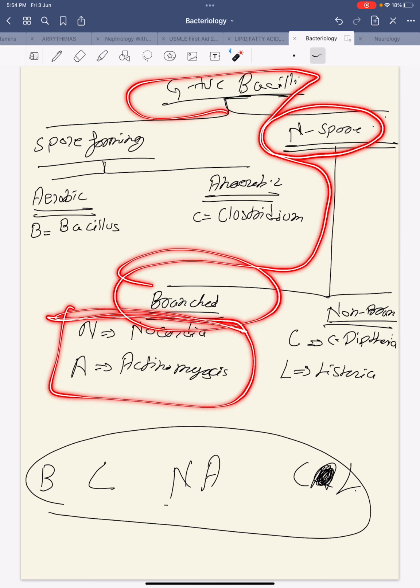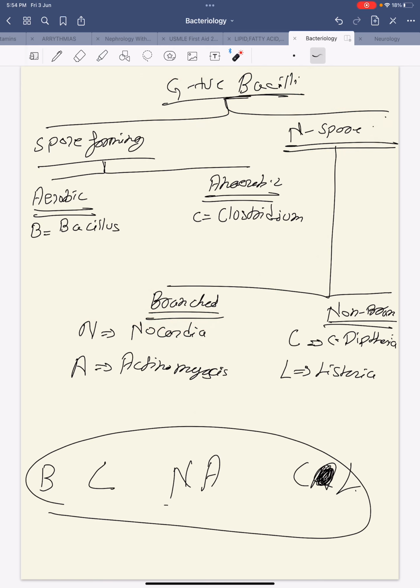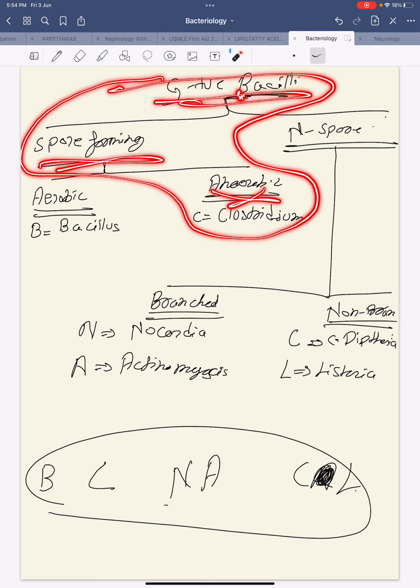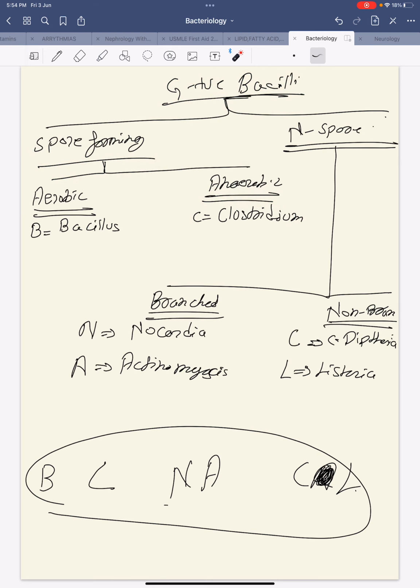So in the options, one of these two will be there. Like this, they will ask which one is anaerobic spore forming bacilli, gram positive. It is Clostridium. Like this only you have to remember.